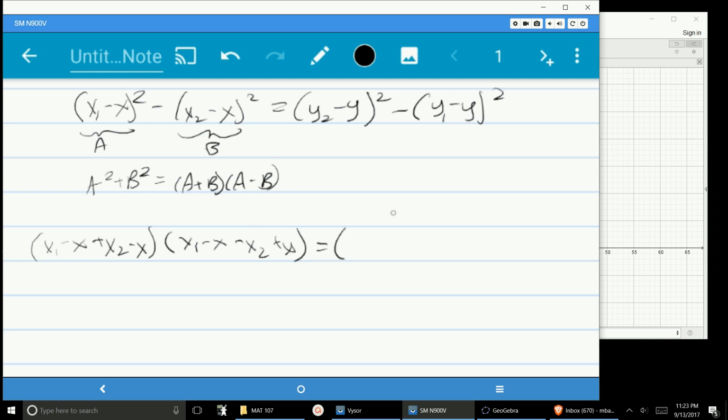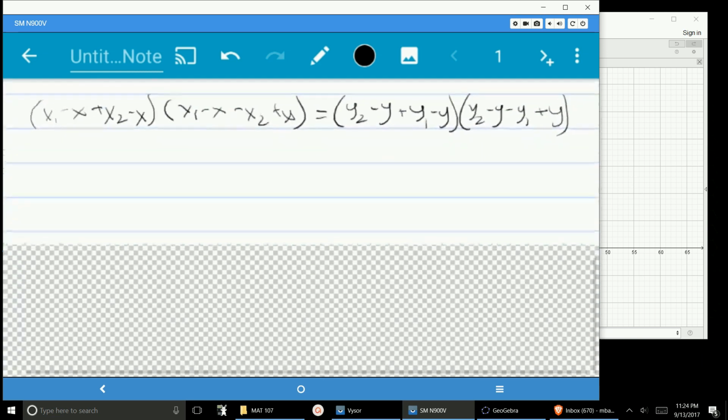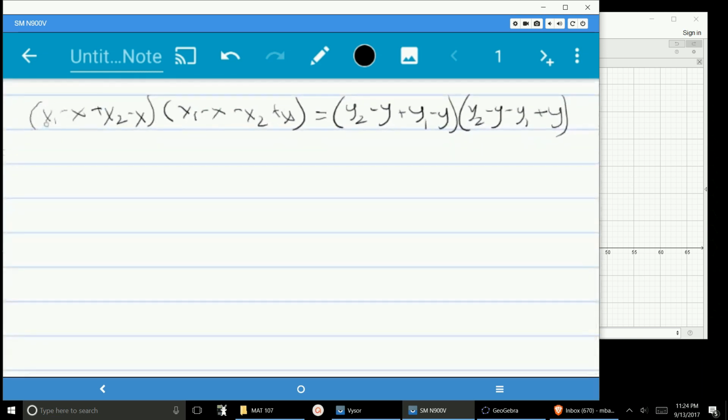And something very similar happens over here. It's the first 2 plus the second 2 times the first 2 minus these. So that's how you can factor all that. And now in here we have the sum of x1 and x2 minus 2 of these x's.